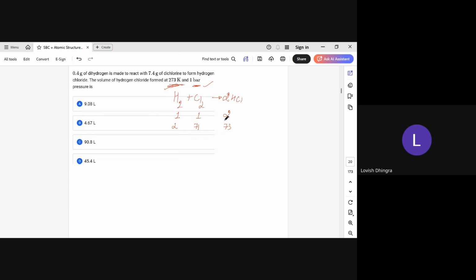So if 2 moles is given to us here, how much volume will you have at STP? For 1 mole, the volume is 22.4, and for 2 moles, it will be twice of that. That is 44.8. Clear? And we have been asked the volume of HCl. So which one will be the limiting reagent here?